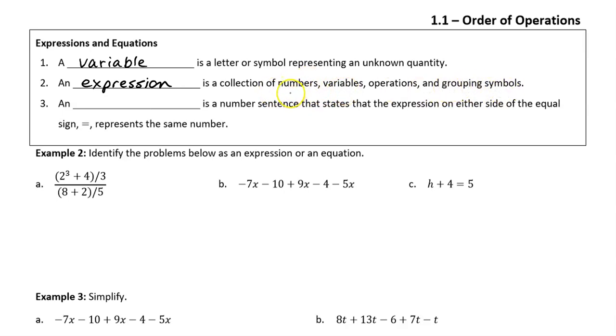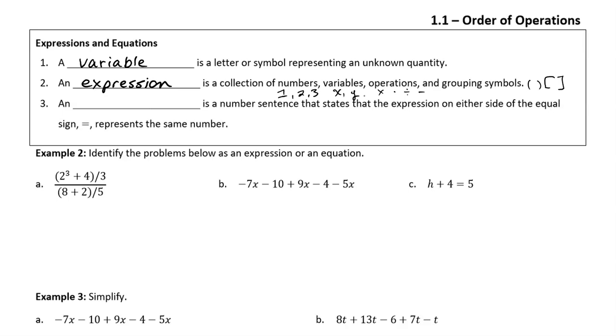An expression can be made up of a lot of numbers, like we worked with, those operations, and those grouping symbols, meaning parentheses or square brackets. So this is where we start to mix things up. The numbers, maybe 1, 2, 3, but now we're also saying that we can include variables, so maybe X and Y, maybe A, B, whatever variables we're talking about here.